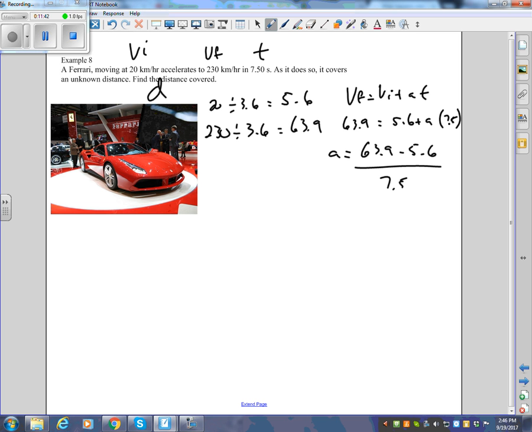Acceleration, 7.77. Oh, that was a 7. That's a 7.5. 7.77 meters per second squared.